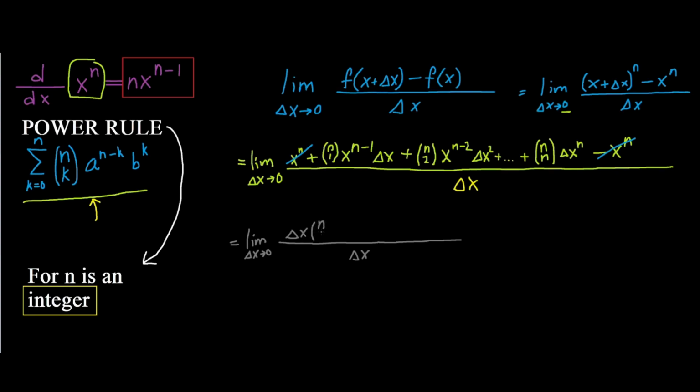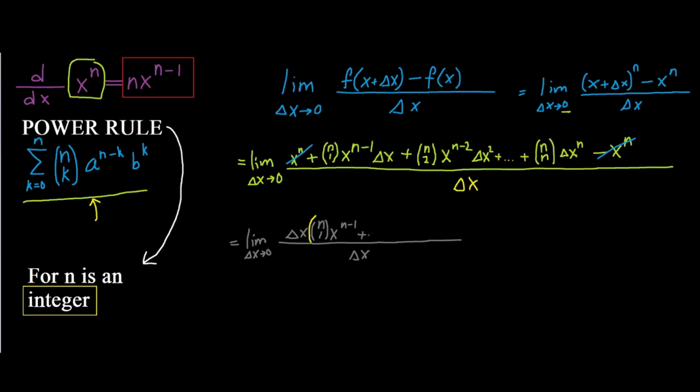So this is going to be n choose 1, x to the n minus 1. This delta x was factored out, so it's not going to be there. Also, I'm going to separate this with a bright color, this parentheses, all right.